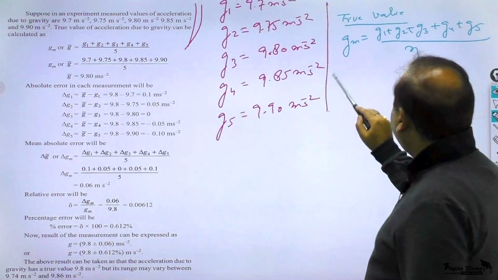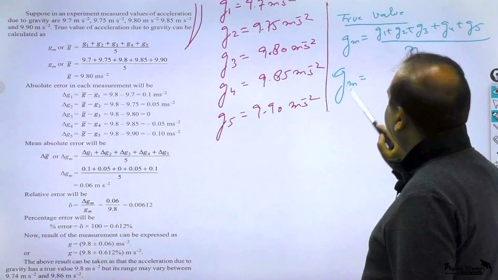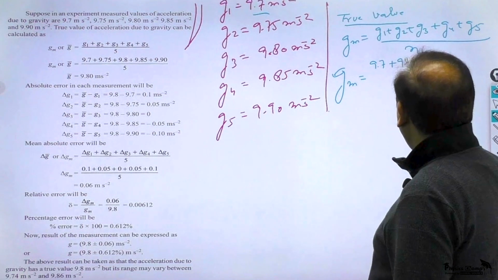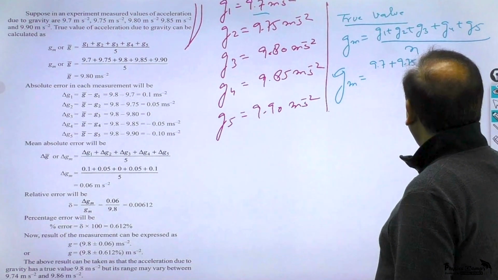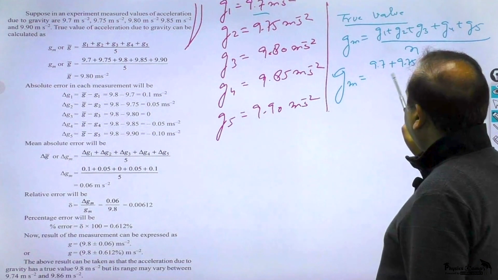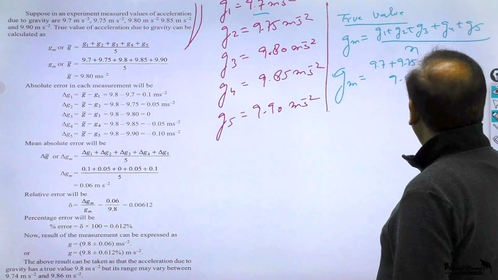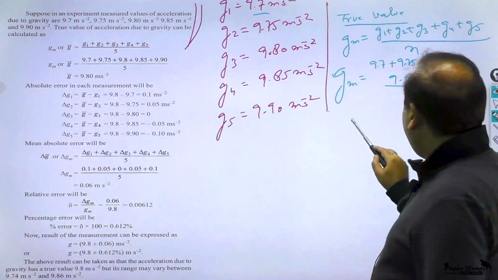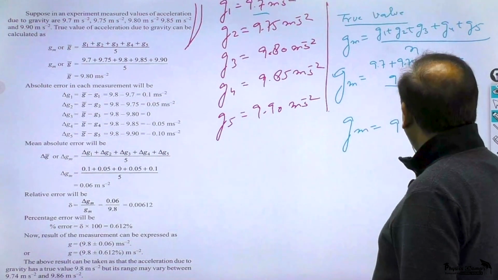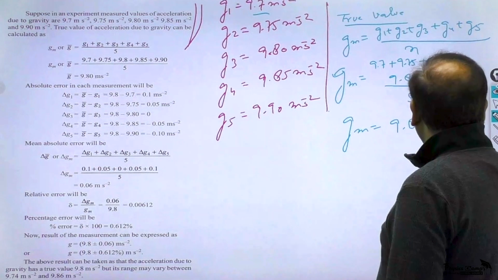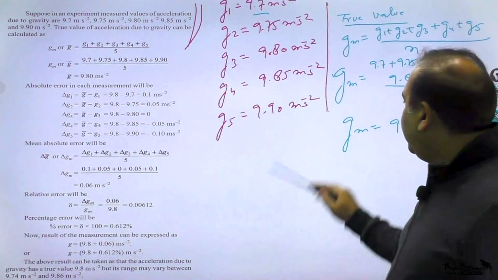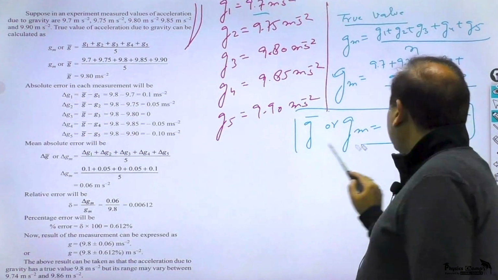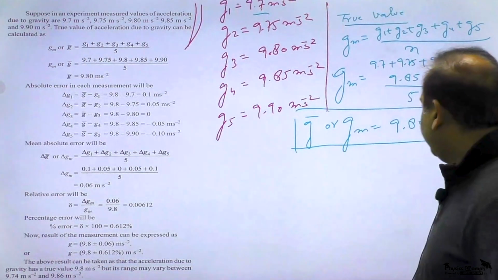So it comes out to be 9.7 plus 9.75 plus 9.80 plus 9.85 plus 9.9 divided by 5. There are 5 readings, and by calculating all that we get 9.80 meter per second square. We can call it G bar or Gm, the true value of acceleration due to gravity.